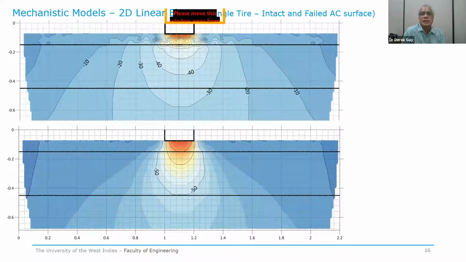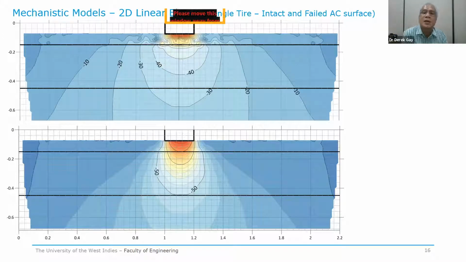Right, so this slide compares directly. The upper slide is the intact pavement layer with the 200 kPa on top. And you could see that the asphalt is performing very, very well. It's very stiff, containing the stresses within that layer. It's almost like a shell at the surface. When the asphalt is compromised, it begins to look like a normal bituminous, flexible stress foundation where the stresses go all the way down.